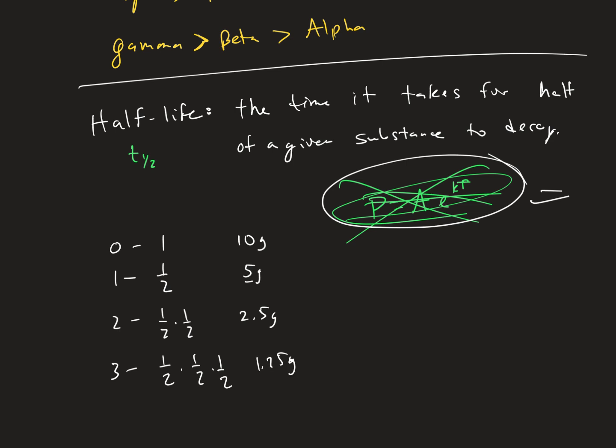Will we ever get to 0? Theoretically, we won't, but will we? Yes, right? If you take a handful of pennies and dump them on the table, and you take out all the heads, heads are good, because they decayed, right? Get the tails, dump them out again, and you keep doing that.